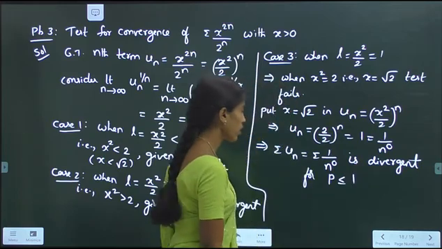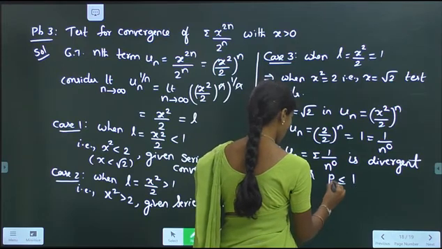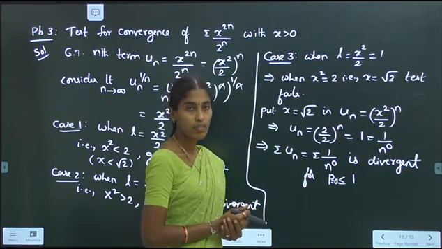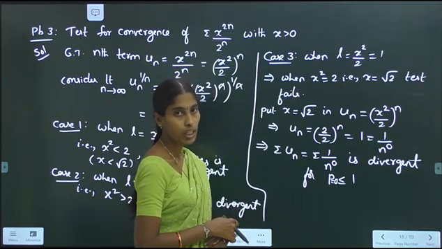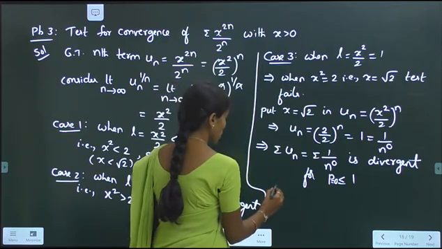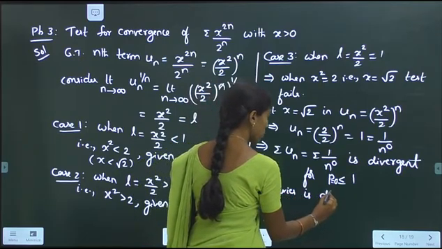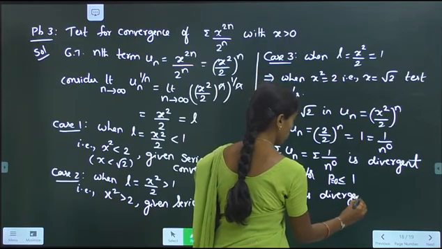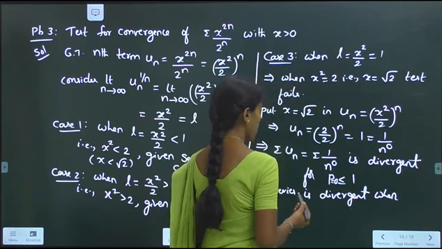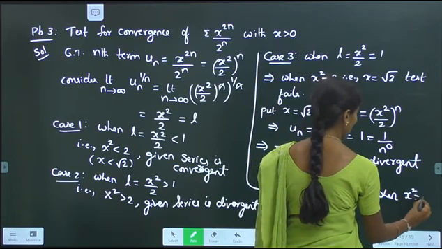What is p value here? P is equal to 0. So 1 by n power p is divergent when p value is less than or equal to 1, convergent when p greater than 1, implies the series is divergent when x square is equal to 2.